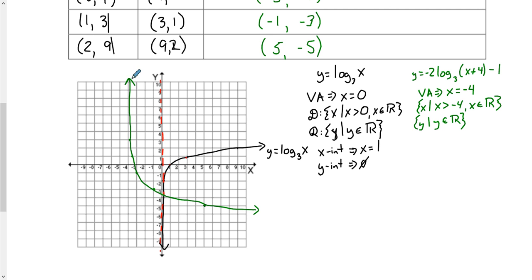But if you're looking at the points on this green graph, it's at 3, then 1, then -1, then -3, then -5. So instead of being a space of 1 in here, each of these spaces here is actually doubled to be twice as big now. Kind of a little tidbit to help you see things a little bit better.